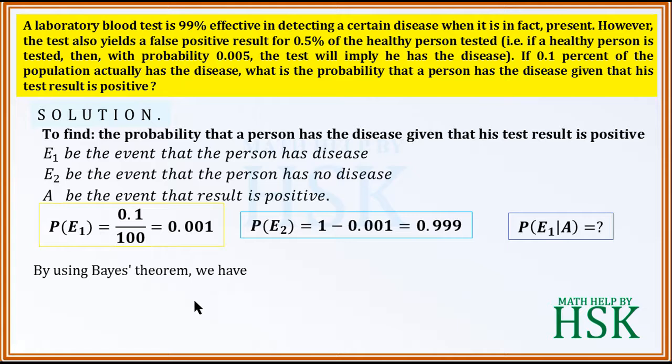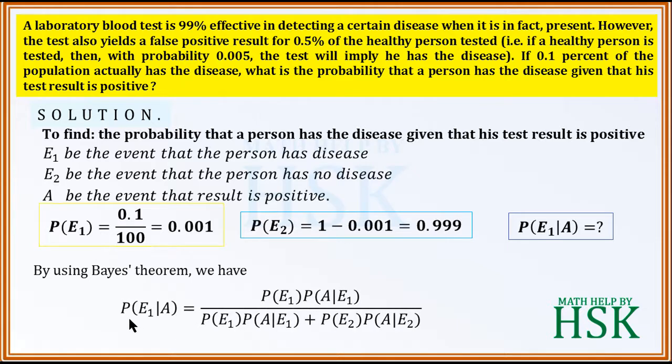For this we are going to use Bayes theorem. Applying it under this condition, it would be written like this: probability of E1 given A is equal to probability of E1 into probability of A given E1, whole upon probability of E1 into probability of A given E1 plus probability of E2 into probability of A given E2.